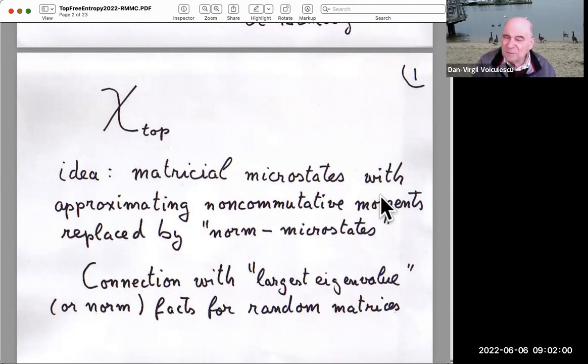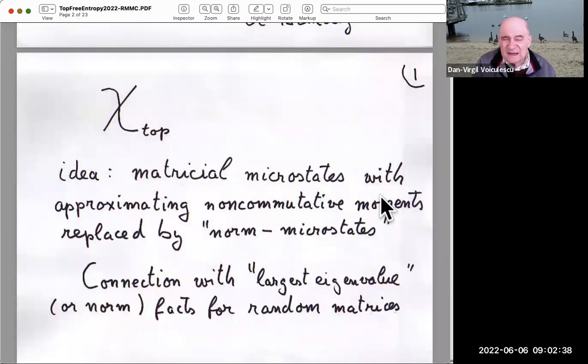You know, if you have an automorphism of a compact metric space, then if you have an invariant measure, you have entropy from the measures, the Kolmogorov-Sinai entropy, but there is also the topological entropy of the topological dynamical system. Yeah? It's a bit a similar situation here.